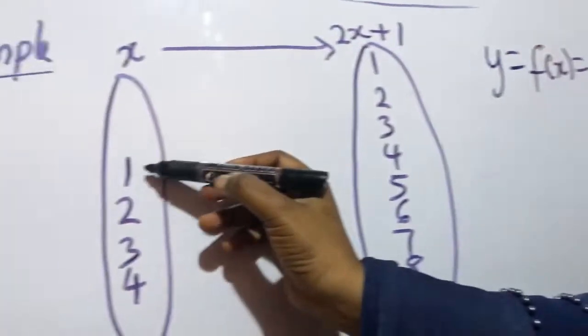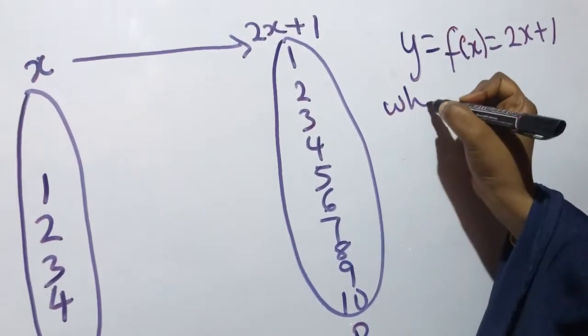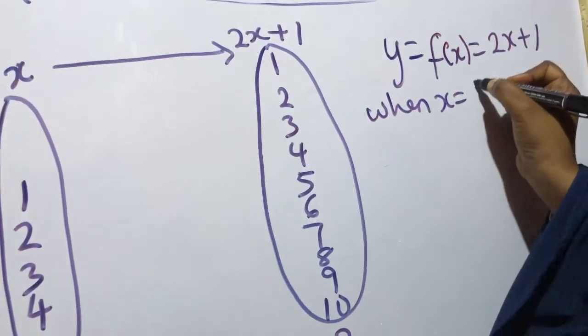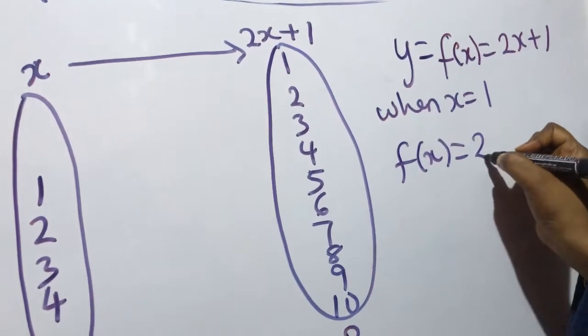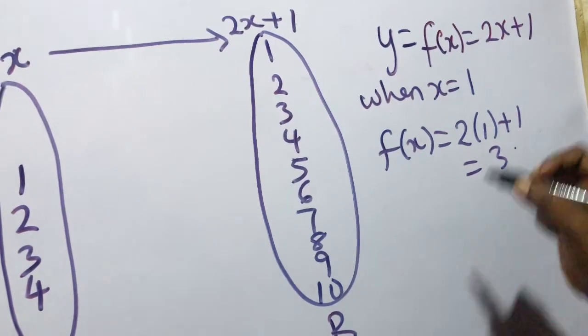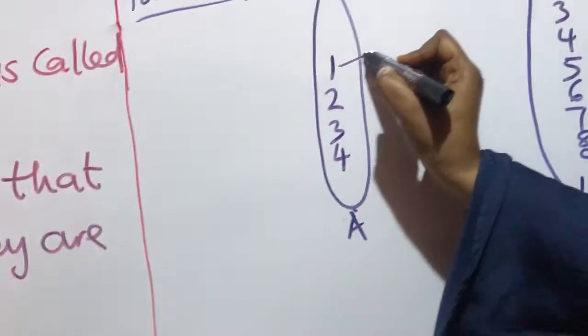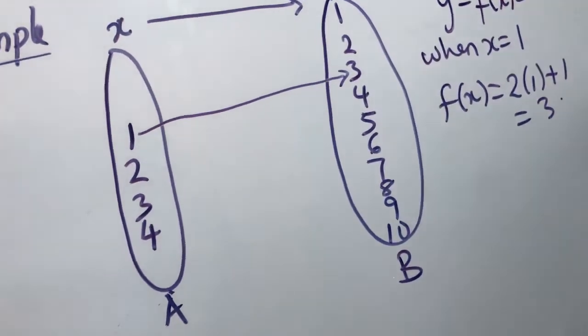So this is the number that we want to plug in first. When x is equal to 1, f of x will be equal to 2 multiplied by 1 plus 1, which is equal to 3. So this 1 will be assigned to exactly one output here, which is 3.